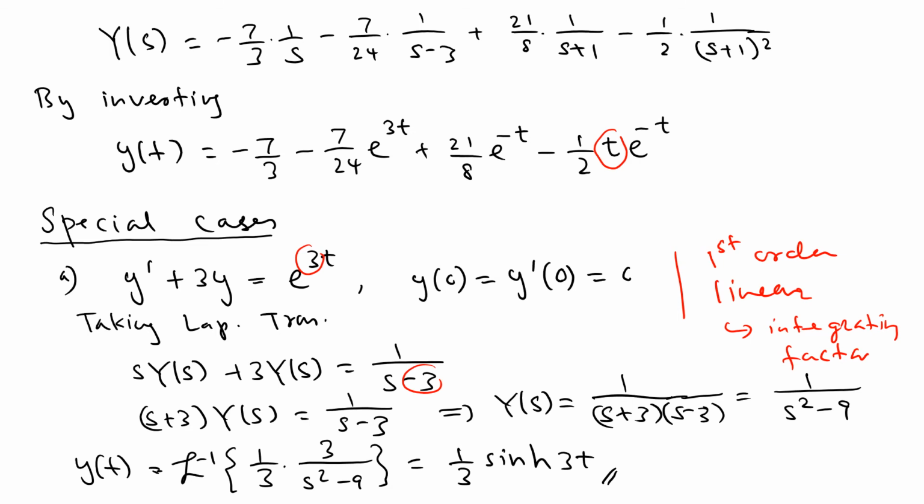So let's do another one with the opposite sign and see how it works. If you change the sign, okay, good. So I'm going to say B. We have, let's say, y prime minus 3y equals e to the 3t. I'm going to change that. And then here we have y(0) equals y prime(0) equals 0.